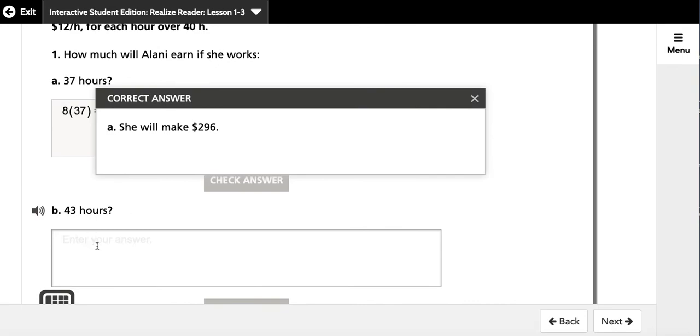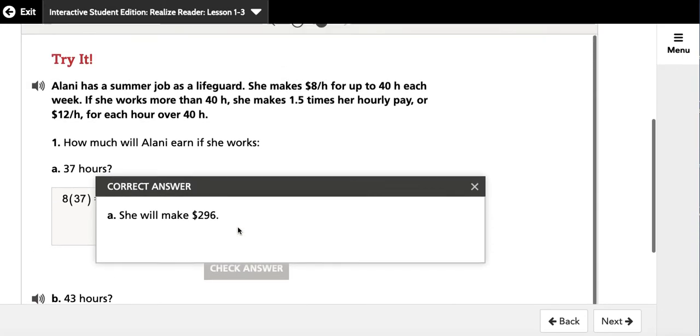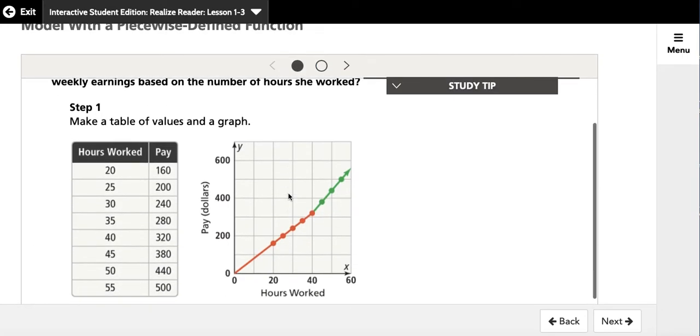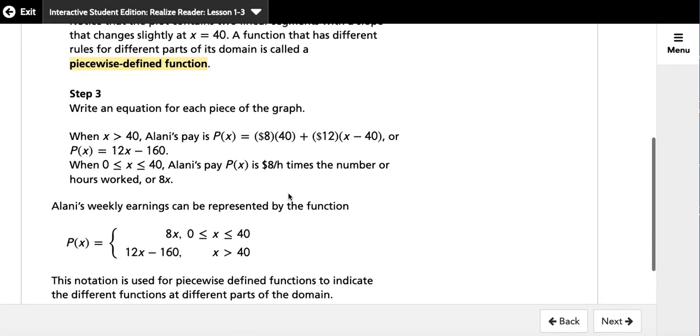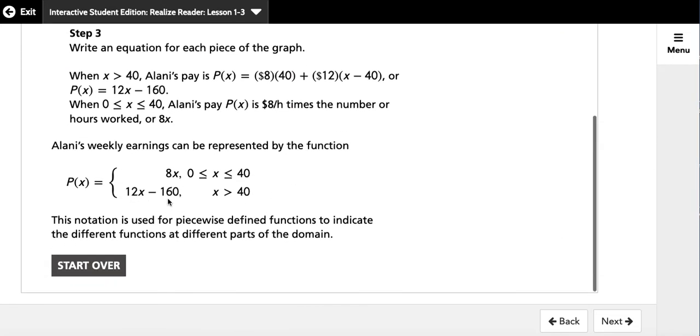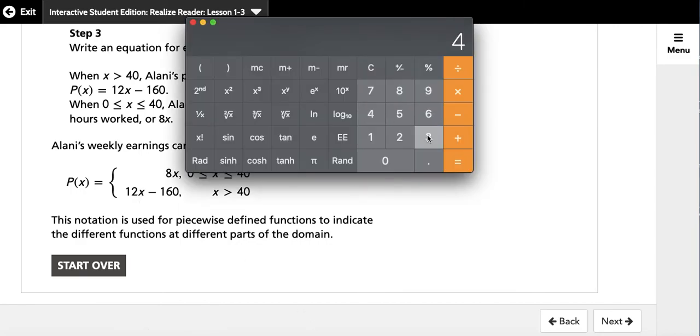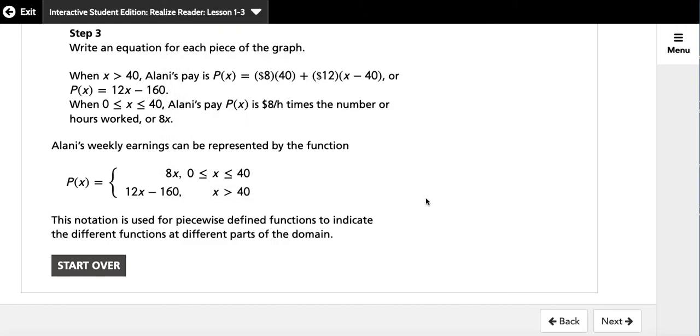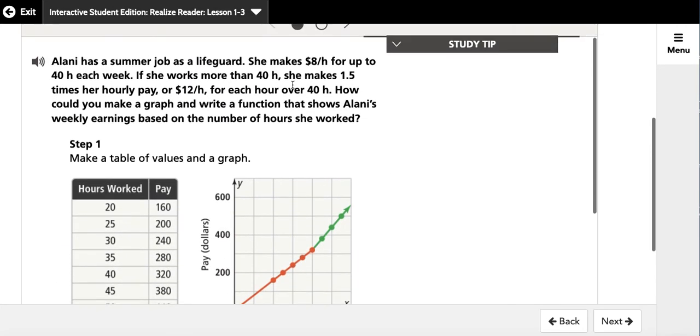And then for the 43, the equation was 12x minus 160, so I'm going to plug in a 43. 43 times 12 minus 160. It looks like she's getting $356. Let's see what the right answer was. $356.